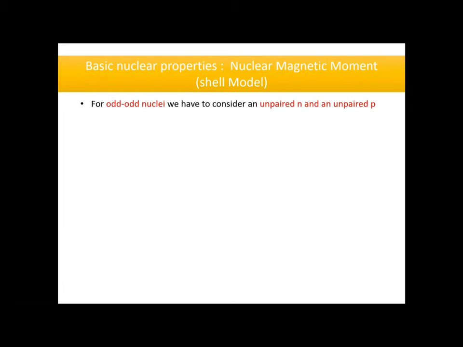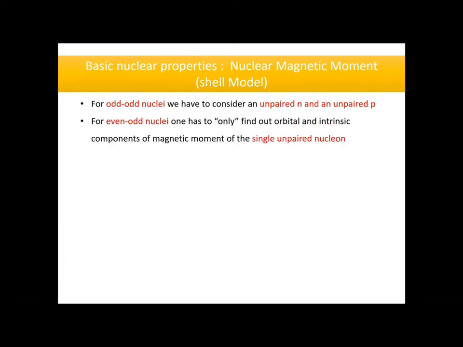So for the shell model, for odd nuclei, we consider only the unpaired neutron or proton. And for even-odd nuclei, one has to find only the orbital and intrinsic components of the magnetic moment for the single unpaired nucleon. Now from the spin orbit interaction, we know that J is L plus or minus S, where S is half.